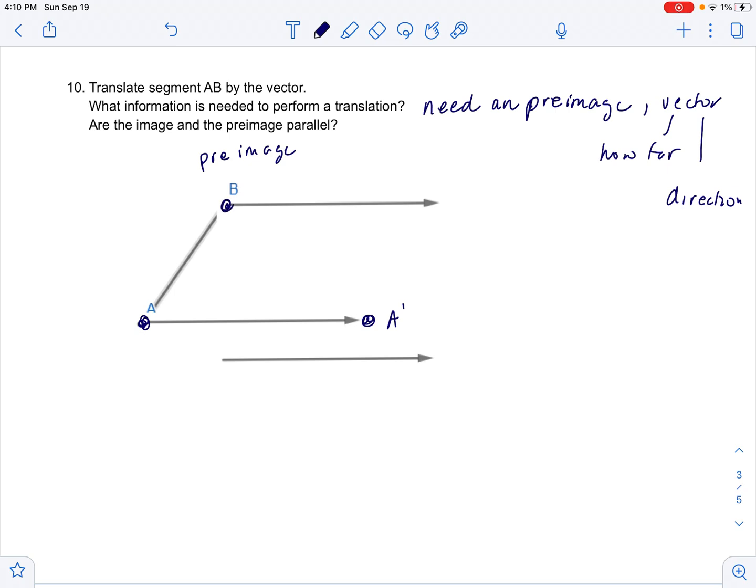So that tells me that point B is going to go here to B prime. And then the segment would be the segment joining those two. So my answer is this. I just circled in green. Are the image and the pre-image parallel? Yes, they are. They're parallel. In other words, this line didn't turn at all. It's still got the same orientation. So yes, they are parallel.